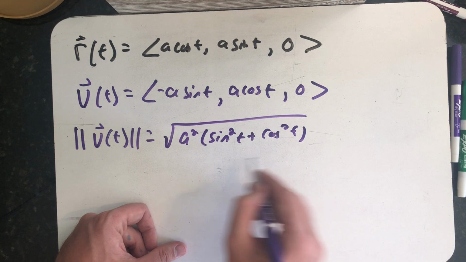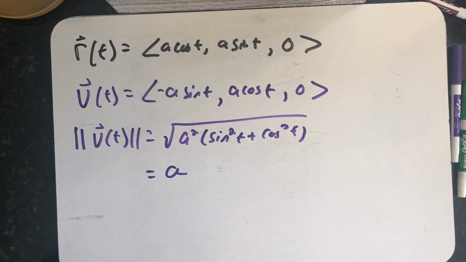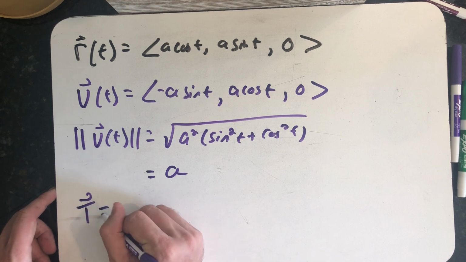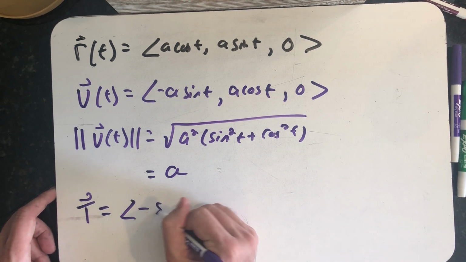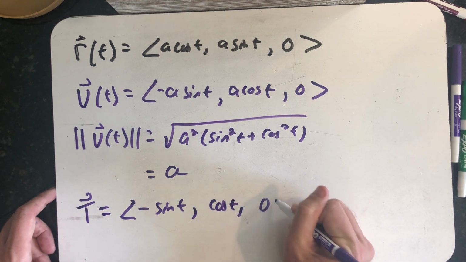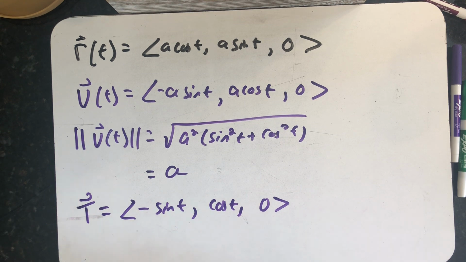Good old Pythagorean identity there tells me that this is just a. All right, so the speed is a constant around this parameterization of a circle. That lets us write down big T. And of course this is a unit vector, with that sine and that cosine respectively.